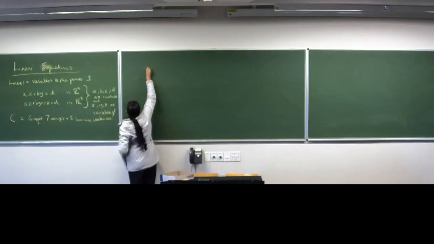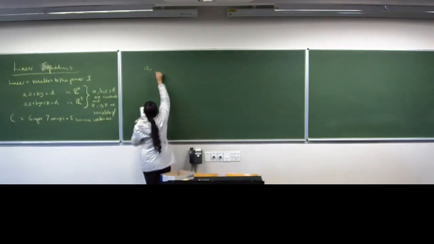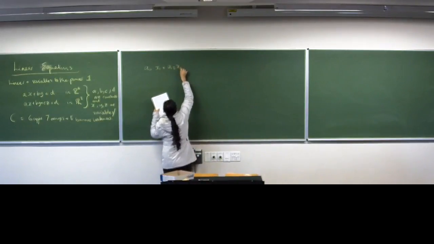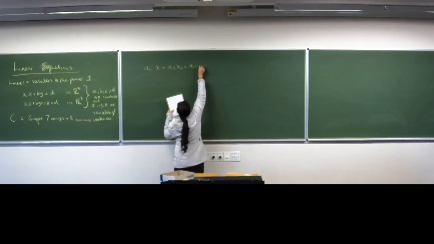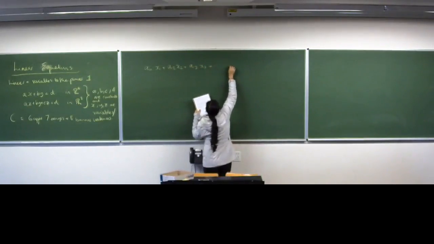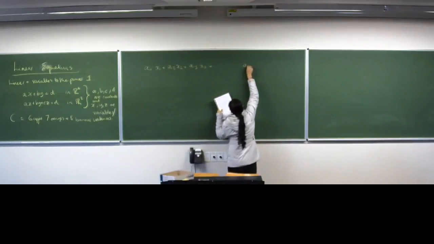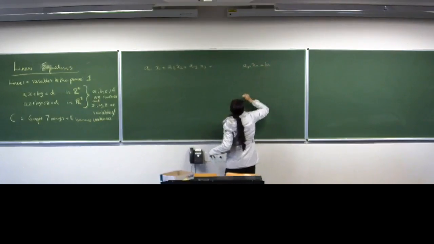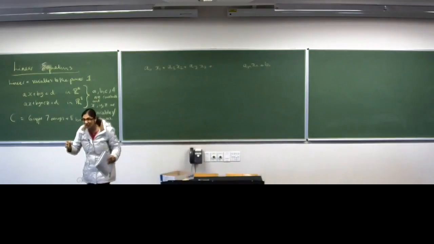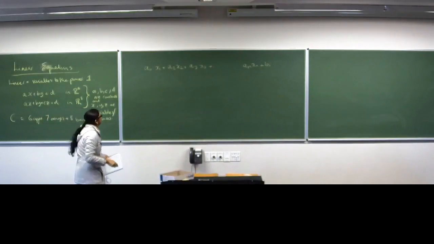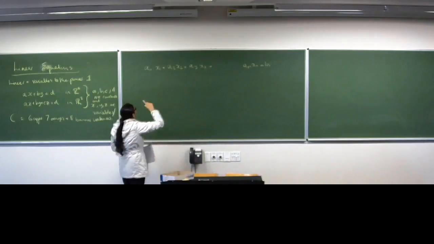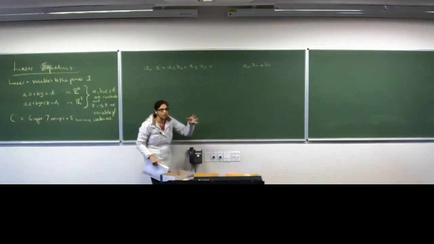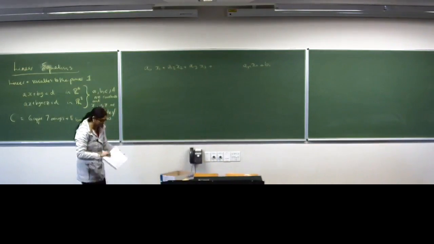For example, we've got this set of equations, a11x1 plus a12x2 plus a13x3 plus, and then you'd get a1n xn equal to b1. So that's lots and lots of variables, right? And lots of constants. The A11, A12, A13 are just names of constants. All right? They're just names of them. Okay?